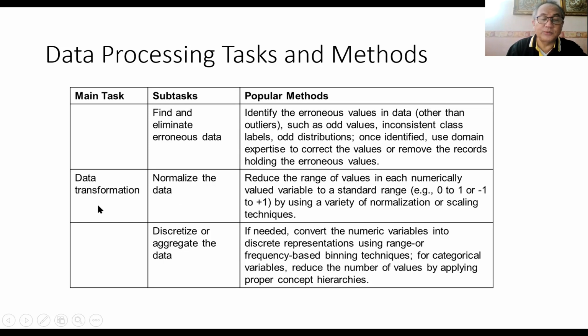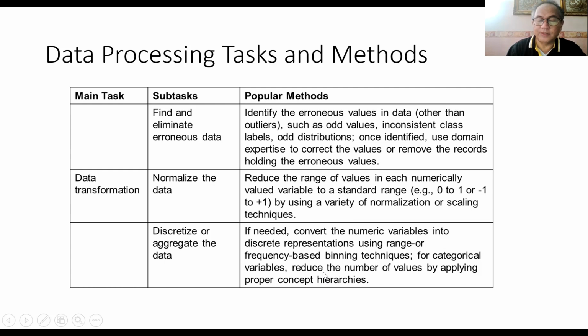And then you need to do data transformation. Sometimes you need to normalize the data. There is a range, and you normalize the data using scaling techniques. You can also discretize the data or aggregate the data. Data with a range, you can discretize it, and you can aggregate it.